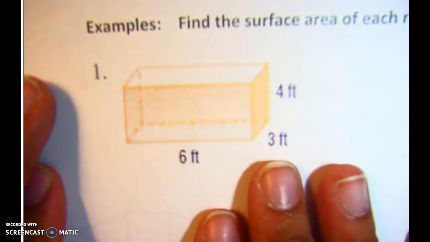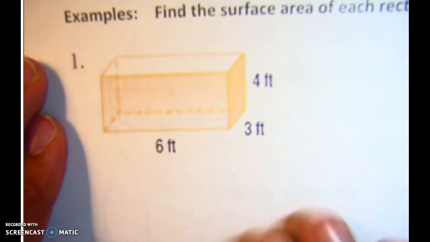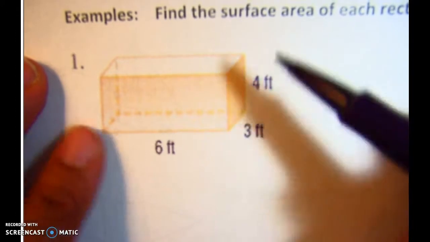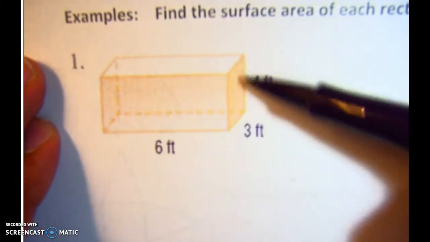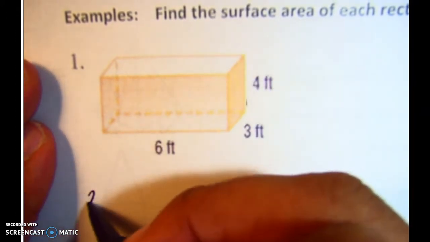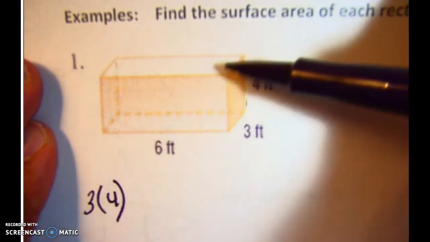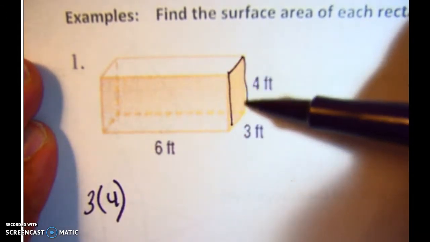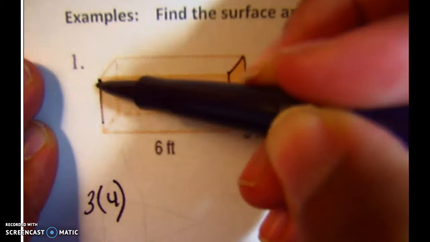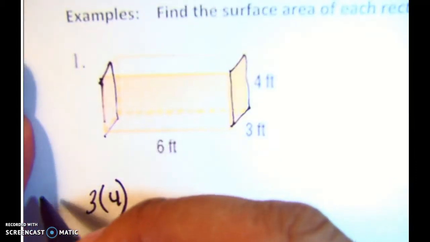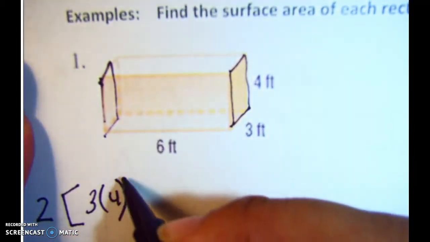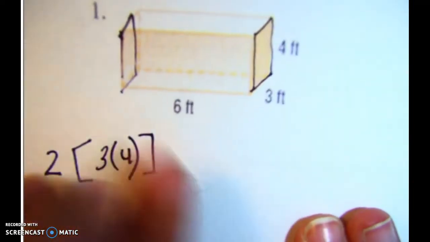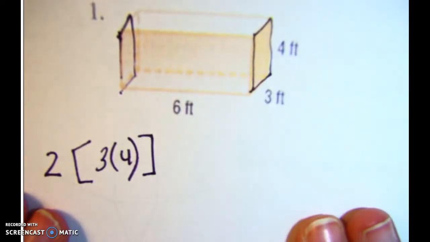So you don't have a net for this one, but you need to just find the size. So you have a 3 by 4. You know you're going to do 3 times 4 to get the area of this side. Well, that is the same as the one over here. So you're going to do 2 of those. You're going to multiply 3 times 4, and then you have 2 sides that are 3 times 4.